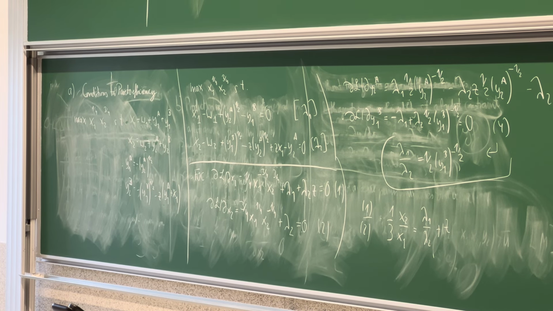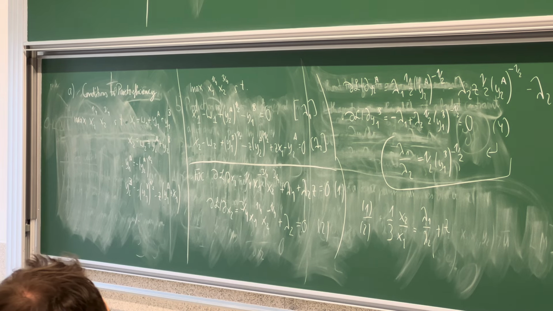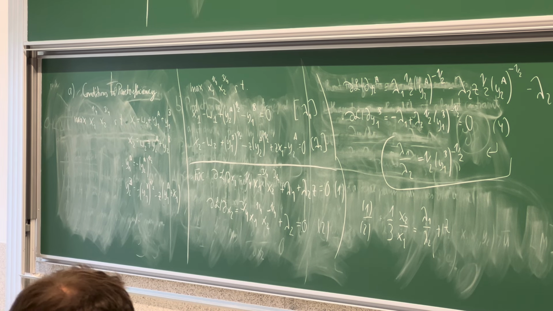Okay? That's solving for lambda 1 over lambda 2. And this is equal, because the first part here cancels out, to zeta plus, then we have 1 divided by this. We can flip it with the inverse fraction and we get this one. And then we are done.